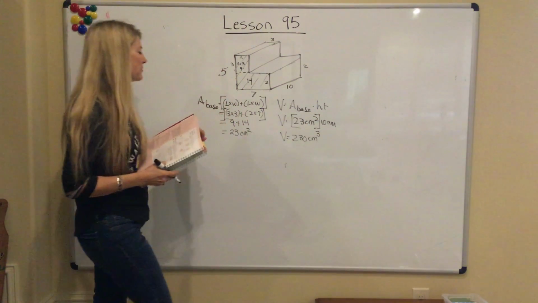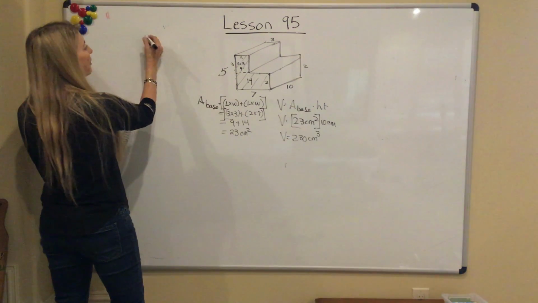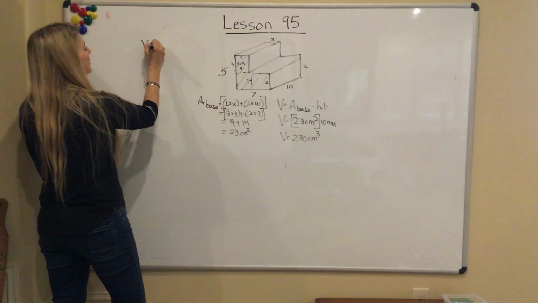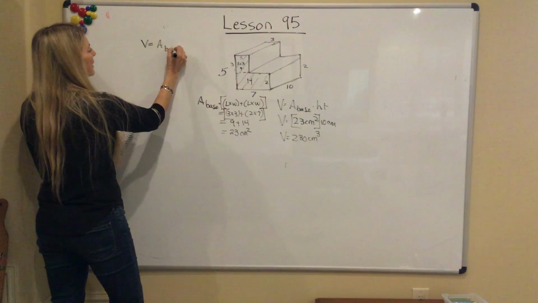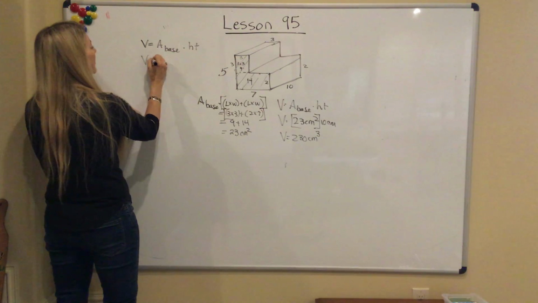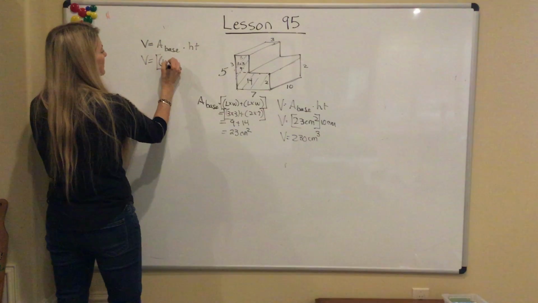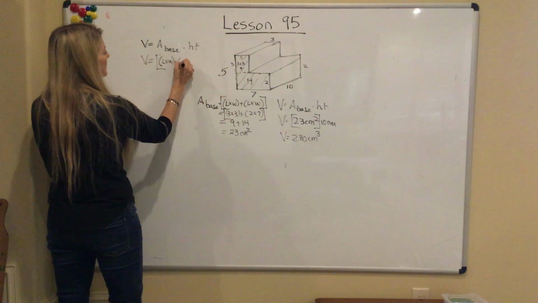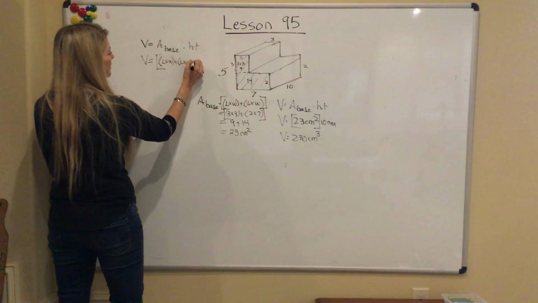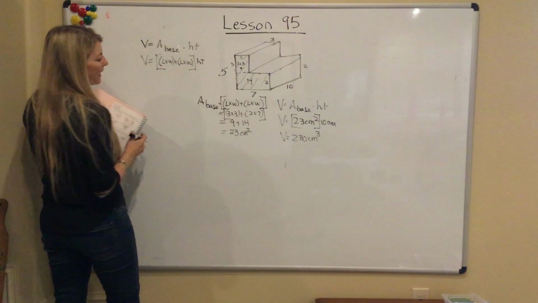cubic centimeters. What I was showing you here, if you wanted to write the whole thing out, volume equals area of the base times the height. Here's how you would do it. You'd say volume equals length times width plus length times width, all of that then multiplied by the height.